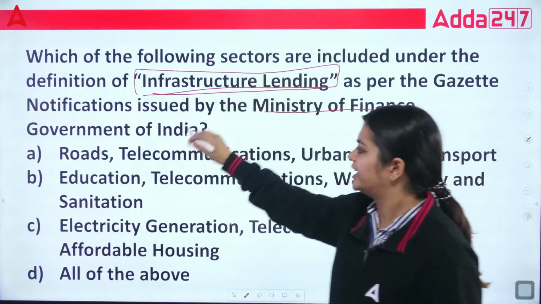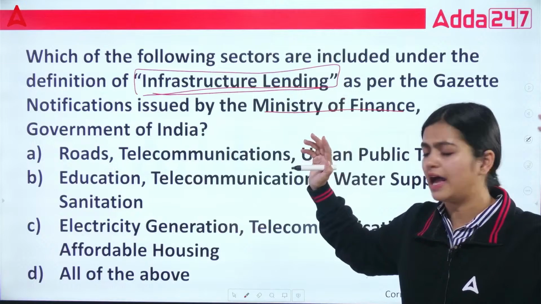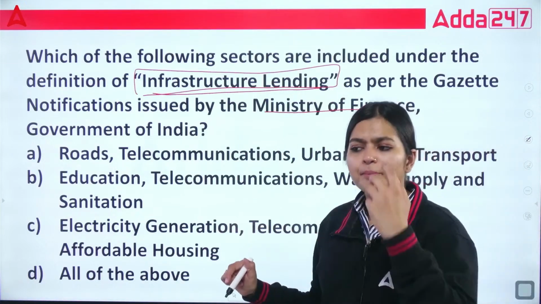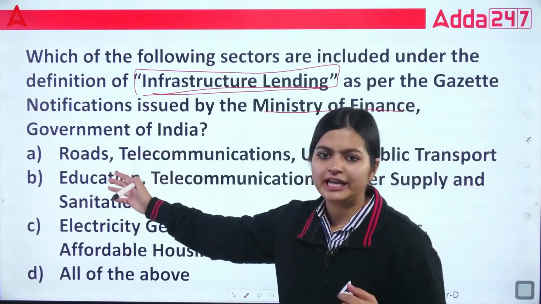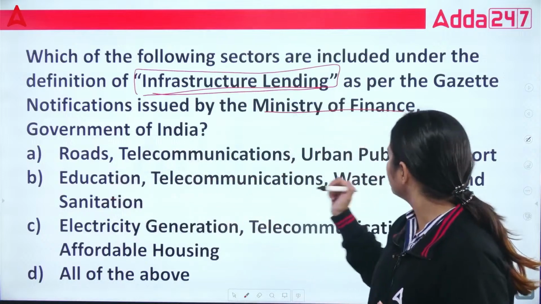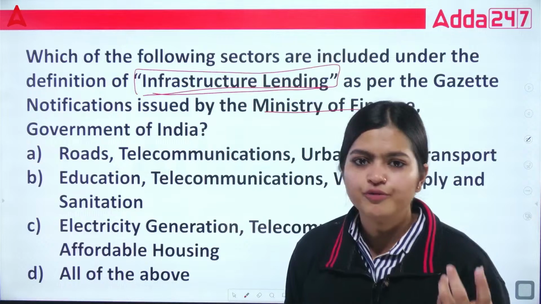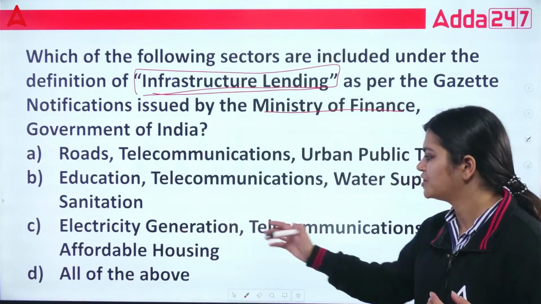So if you are taking the loan for road construction, telecommunication towers, urban public transport, setting up transport buses, or constructing roads, correct? Education, you are setting up the school. Telecommunications, water supply, sanitation, water treatment plants, fresh water, clean water, electricity generation, telecommunication, affordable housing.